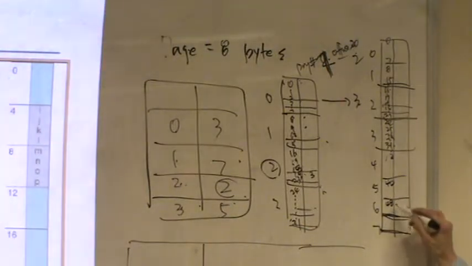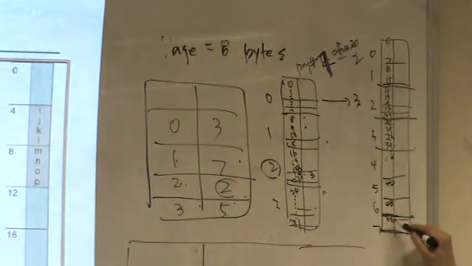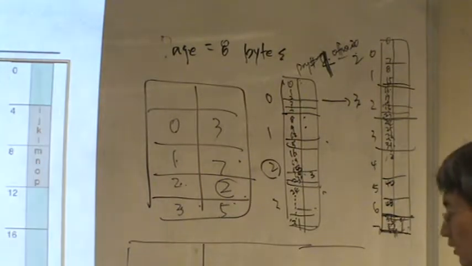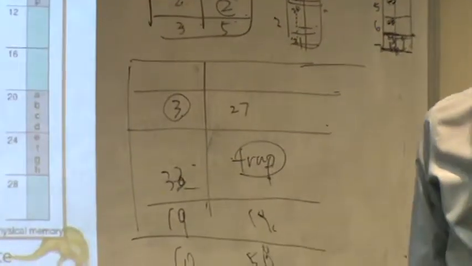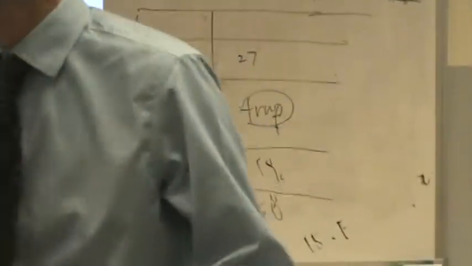What is the next? 48, 56. 56, and the offset is 2: 0, 1, 2, so 56, 57, 58. So this is 58.